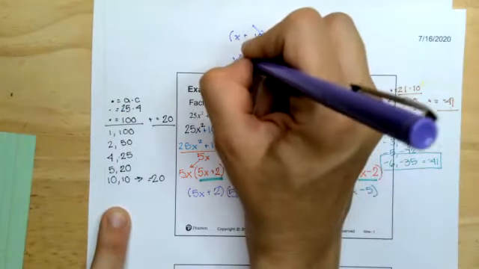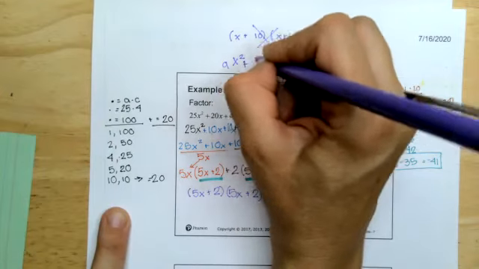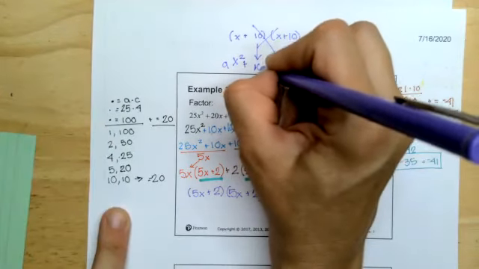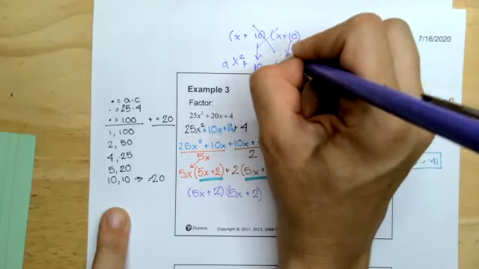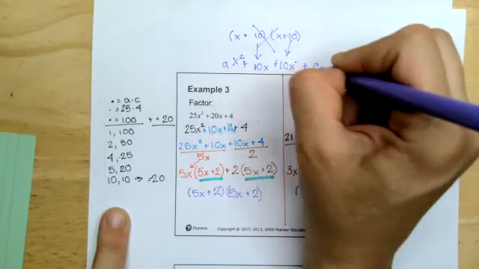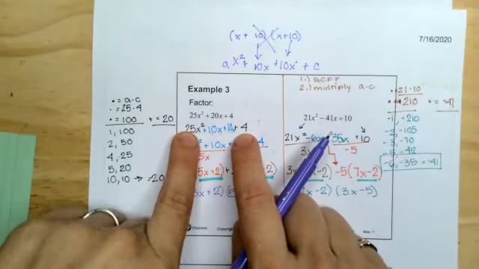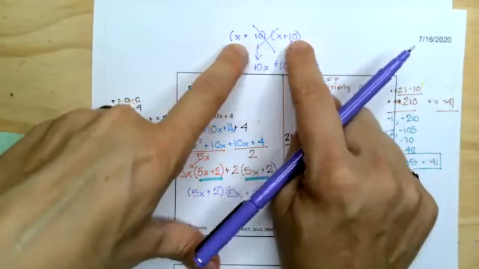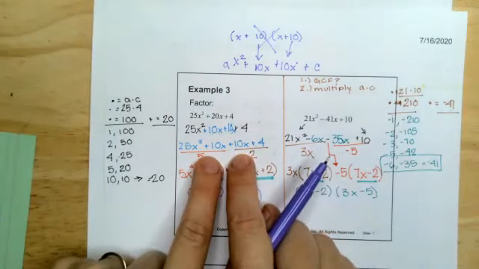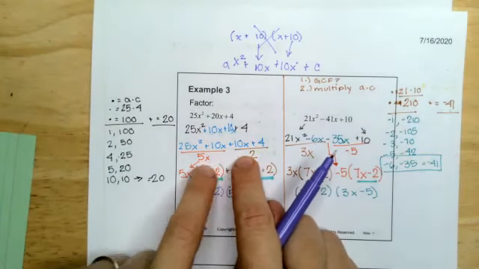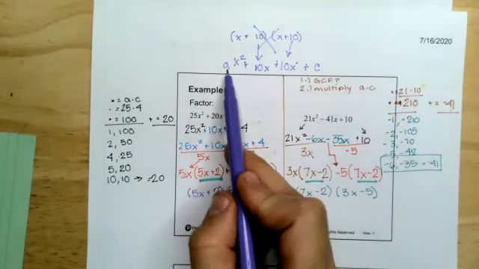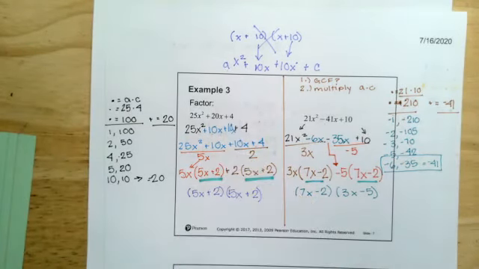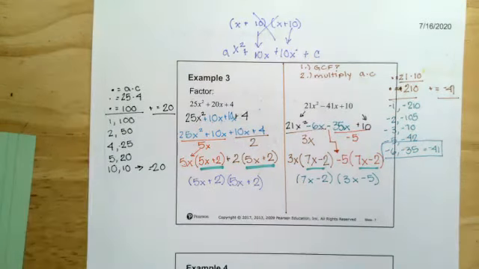It's ax squared plus 10x plus c, right? So we're keeping our a and our c, and instead of doing anything like this, we're putting those down as a replacement for the b. So that's what happens if your a is not 1. Okay? I know it's a lot.